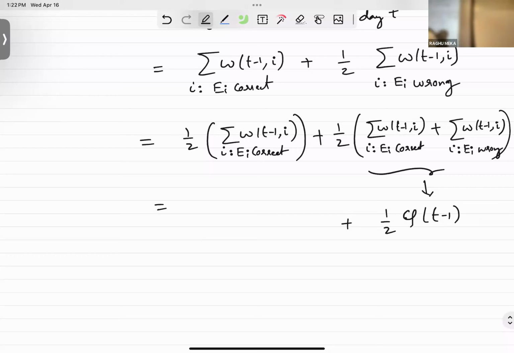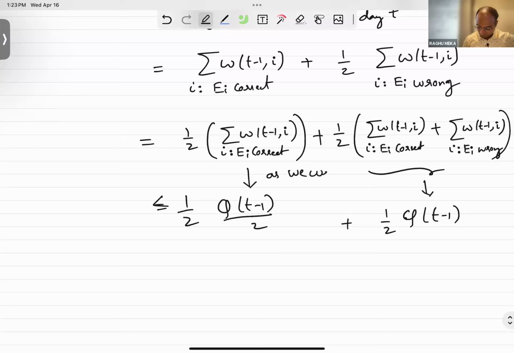Because we made a mistake in the prediction, that means that the experts who were correct were the minority. The total weight of the correct experts was less than the weight of the incorrect experts. So that means this whole thing is at most a half, as the weighted majority was wrong.